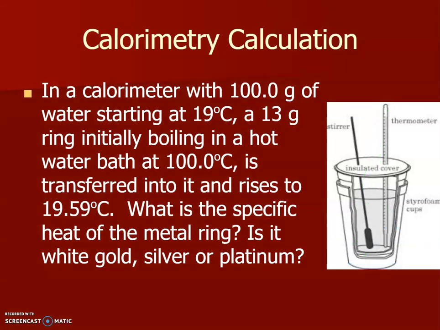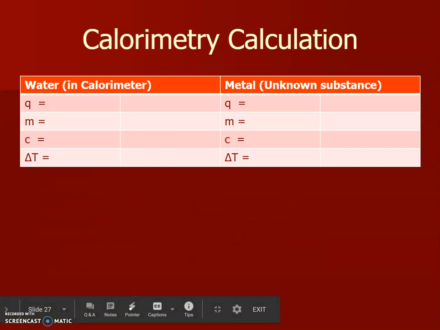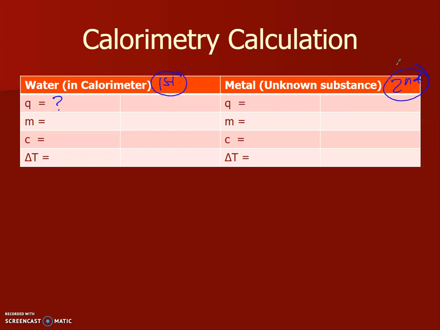Okay, so I identified all this over here for you a little bit more so you can see that. I would get a piece of scrap paper and maybe try to work this out with us. We are looking for the Q of the water in the calorimeter. We solve for this first, and this second, the metal, the unknown substance.